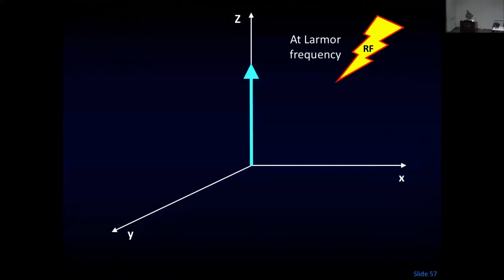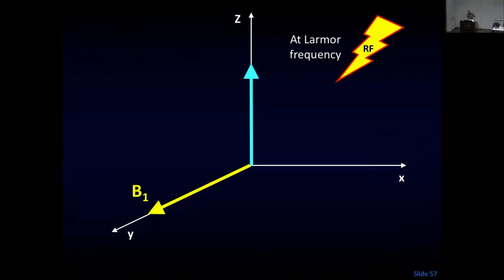Some of you will remember from your high school days that a radio frequency pulse is associated with its own magnetic field, and this magnetic field is perpendicular to the external magnetic field.